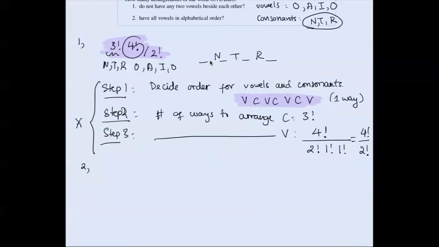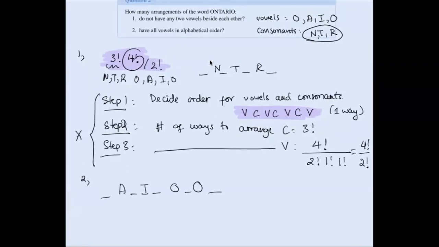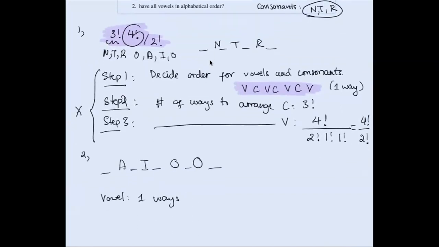So I had A, I, O, O. Then in those we have 5 spaces, right? And then I said, okay, for A, I, O, O, we only have 1 combination because we want it to be alphabetical, right? We don't have 4 different combinations, we just have 1. Then I said we have 5 spaces, so let's choose 3. So it's 5 times 4 times 3, which is 20 times 3, which is 60.